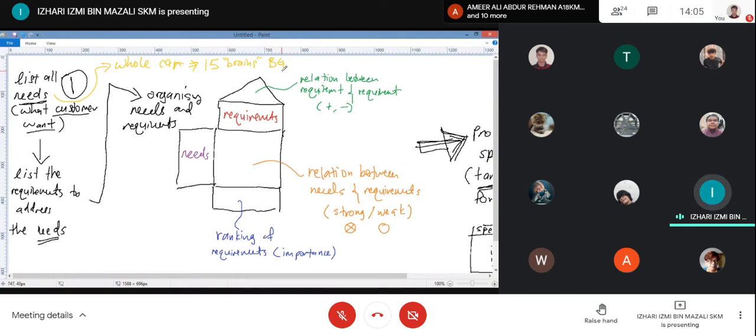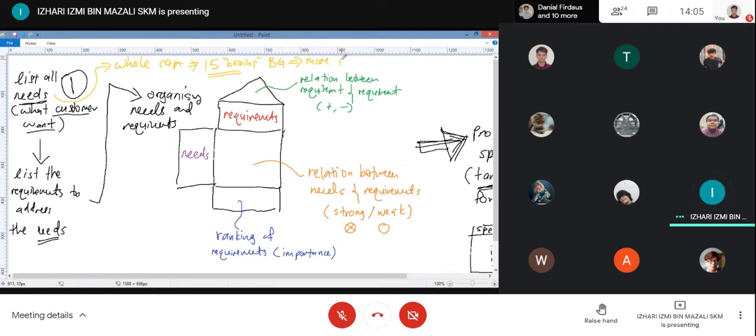Because in a big group, one big group has to produce one car. So if you try to list down the needs for a whole car, then you can cooperate with the other 14 students. More brains should generate more ideas.